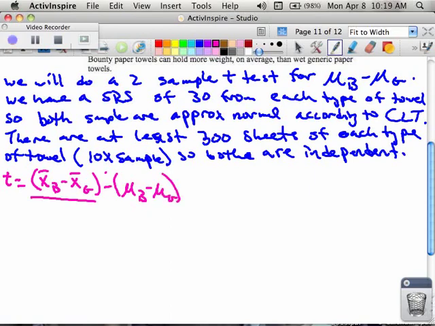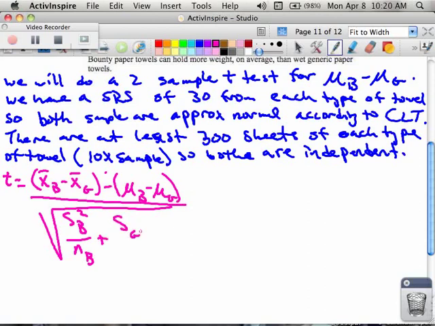And we're going to put that all over the square root of the standard deviation of the Bounty squared over the sample size of the Bounty plus the standard deviation of the generic squared over the sample size of the generic.